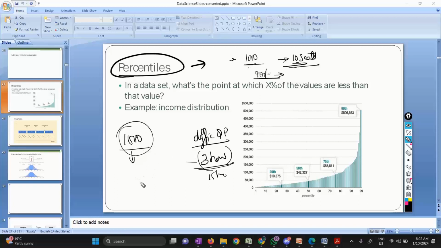Then I will say the cutoff is the 90th percentile. It means only the top 10% of the people will be called for the interview and then 10 people selected.